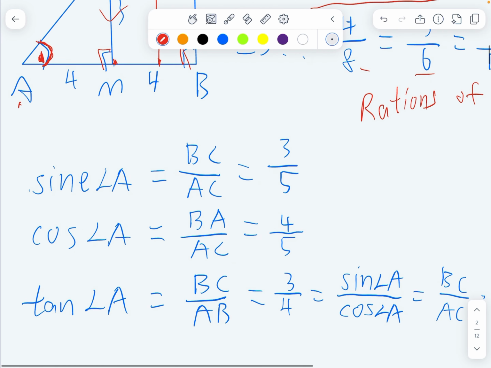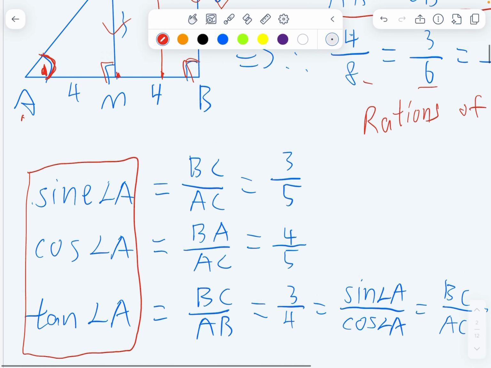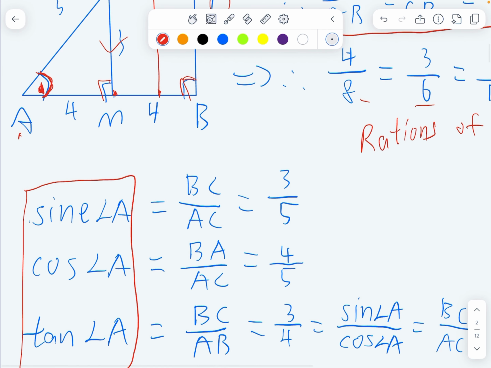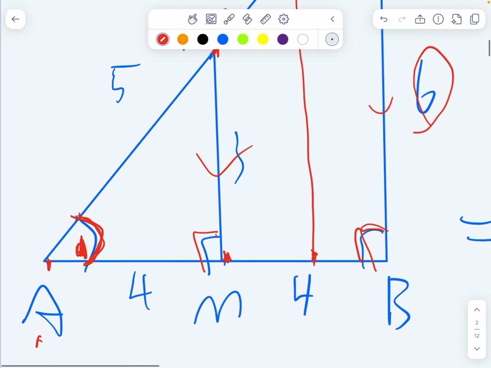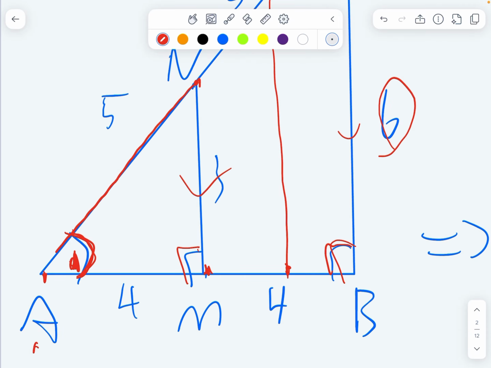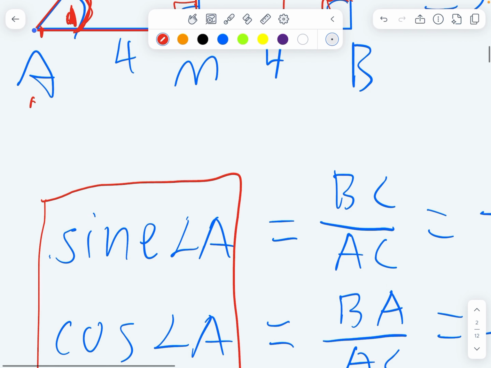Now let's talk about the three primary ratios. Let's talk about angle A, the basic angle. Let's just directly talk about these angles. The first one is called sine A. What does sine A mean?